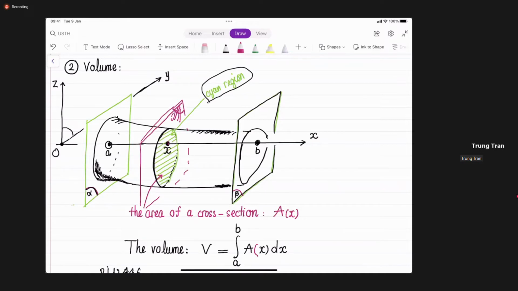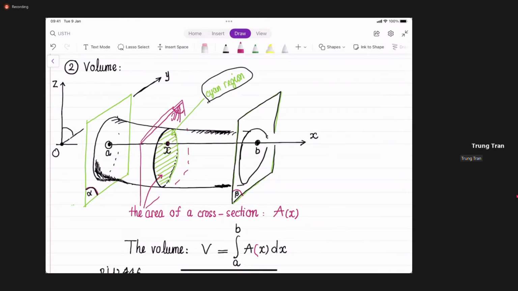The first plane is alpha, as you see in the picture, that touches the solid at some point, and the solid lies on the right-hand side with respect to our plane.